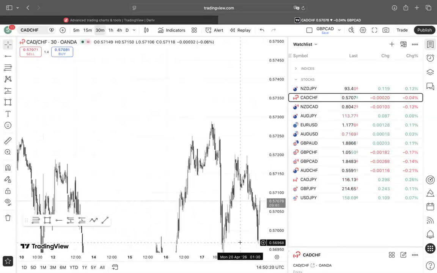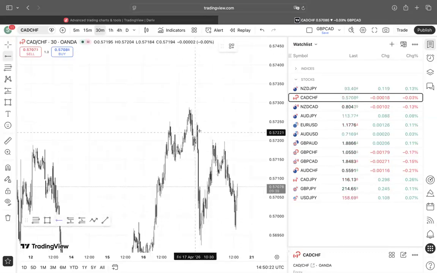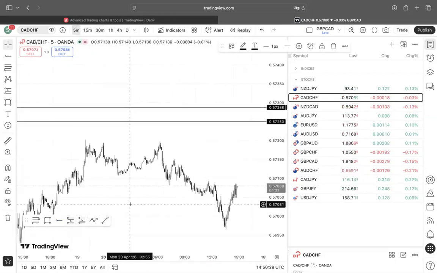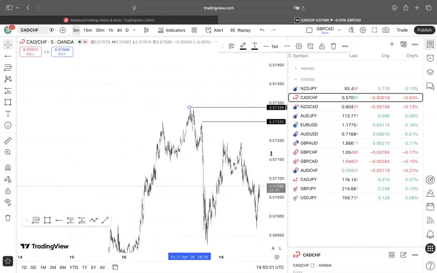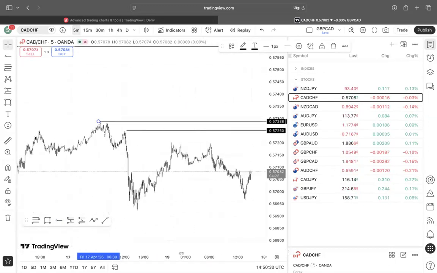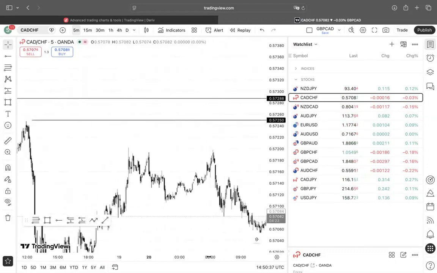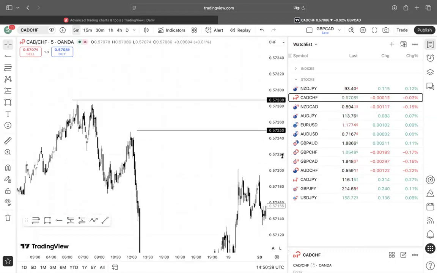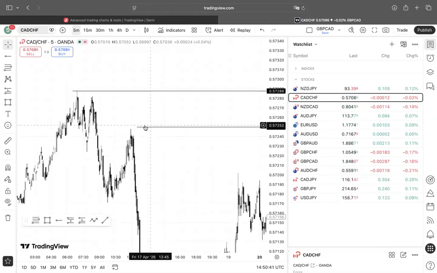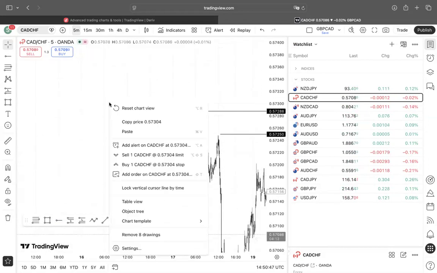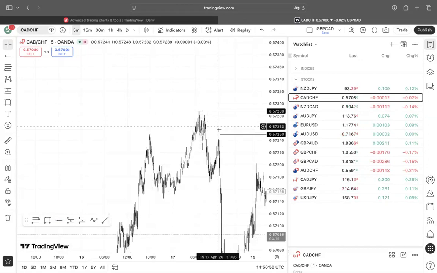Okay, I can use this as my first entry. I can use this, but this setup is not clear, so I won't be entering from here.